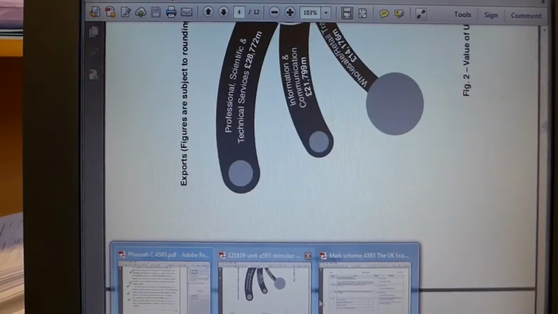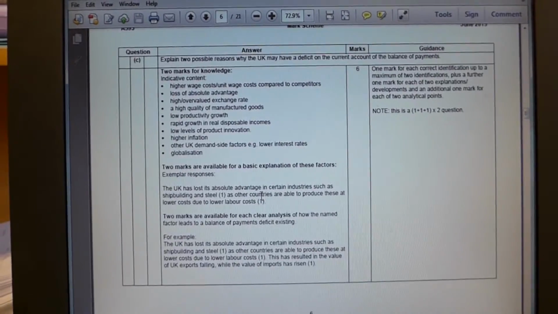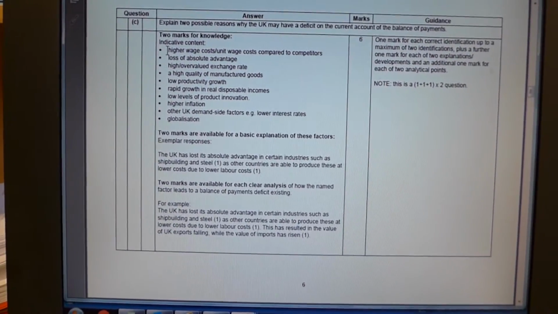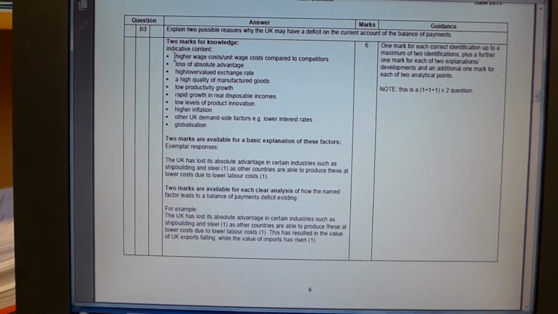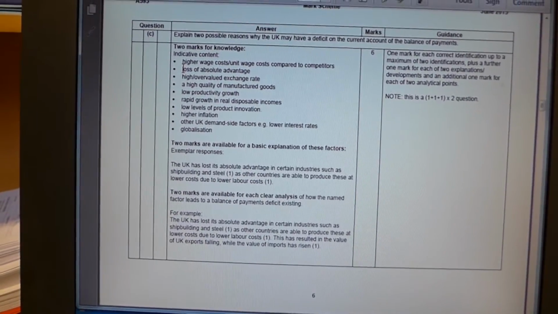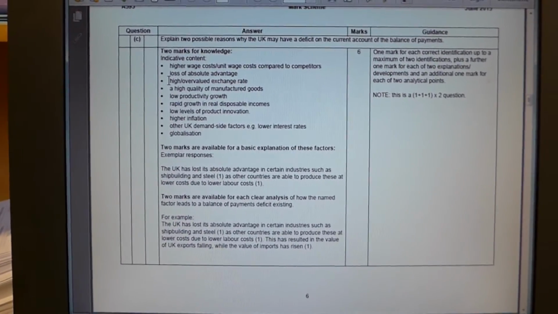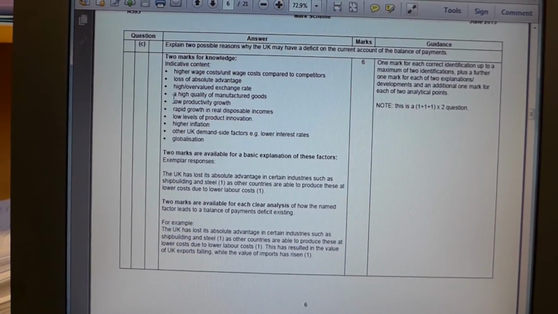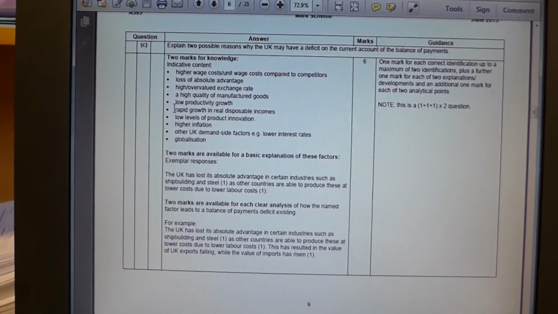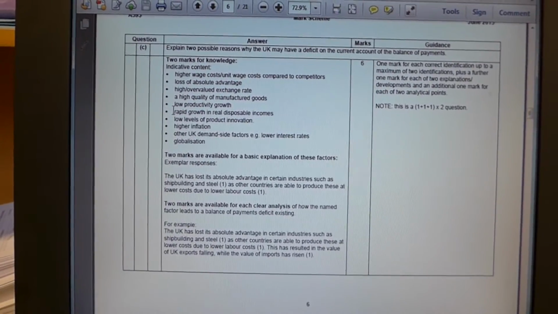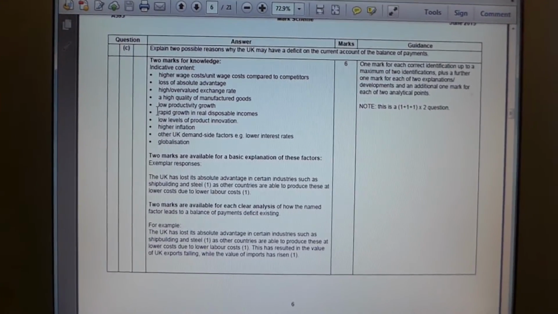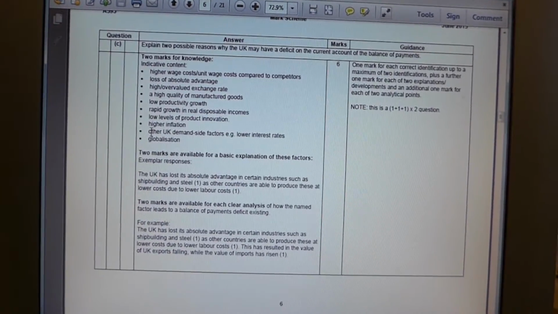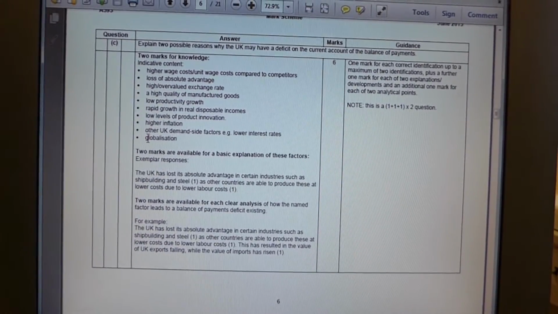So what does the mark scheme say on this one? The mark scheme says there are lots of different things that you could have discussed, and here they are. Higher wages compared to competitors, a loss of absolute advantage, a high or overvalued exchange rate, as we've talked about, a high quality of manufactured goods, low productivity growth, rapid growth in real disposable incomes, whereby you're sucking in more imports, which I guess is what our A-star candidate was hinting at, higher inflation in the UK relative to our competitors, lower interest rates, globalization.